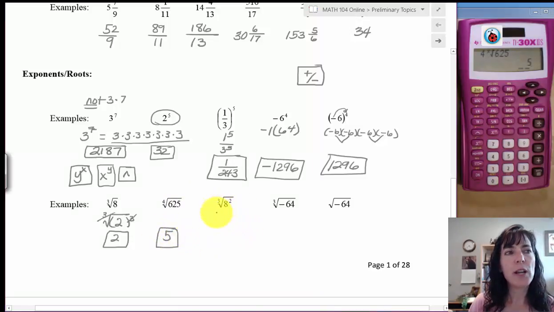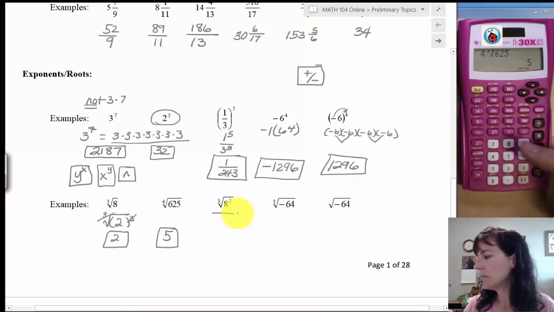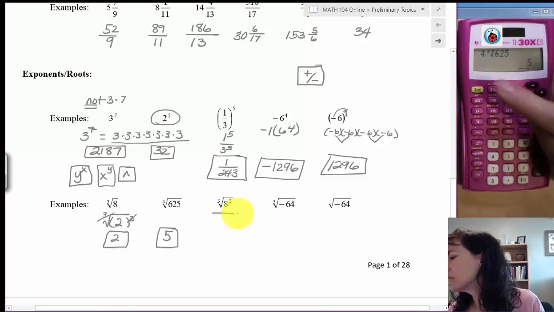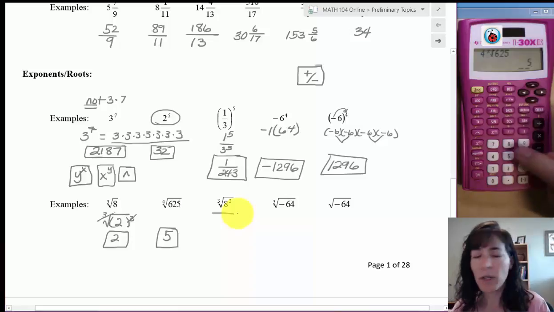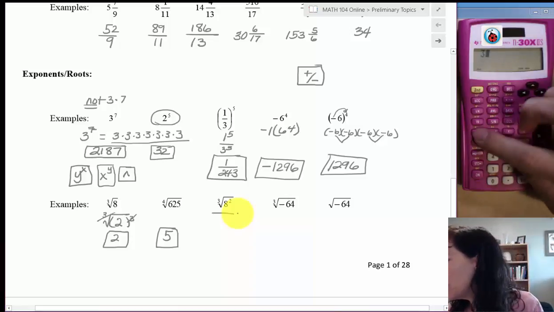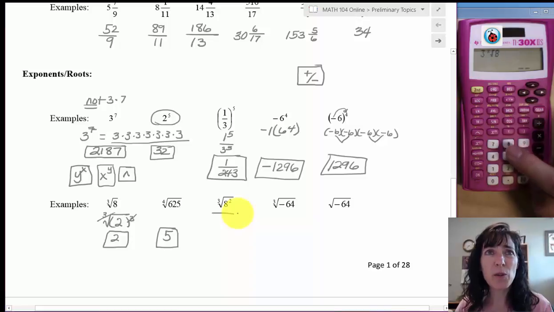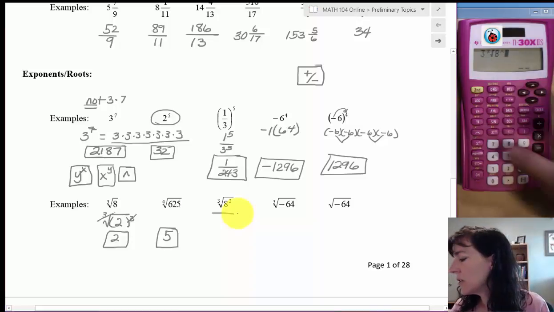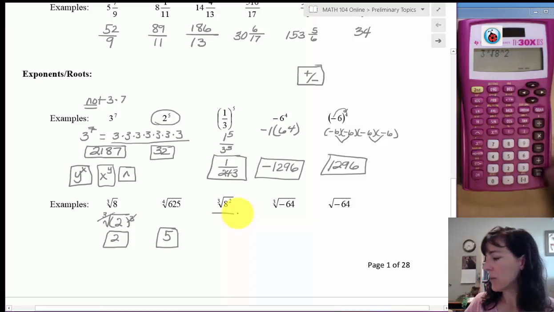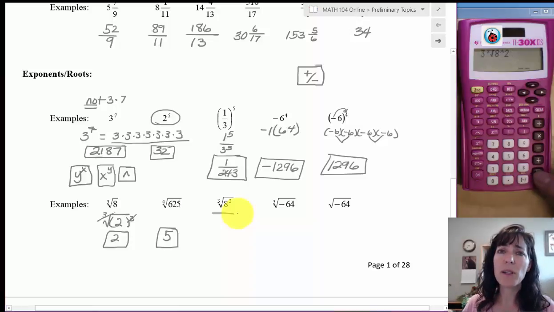Okay, try this one and see what happens. So I need the third root of 8 squared. So I'll do 8 to the second power. If this gives me 4, then I did something wrong.